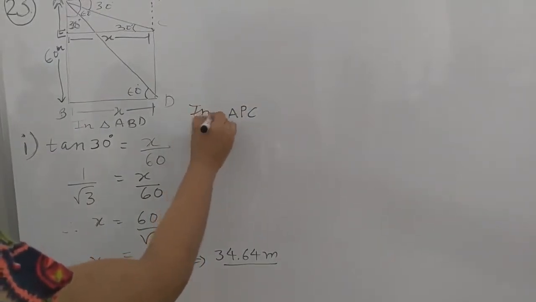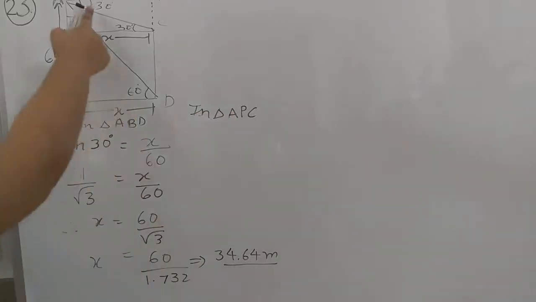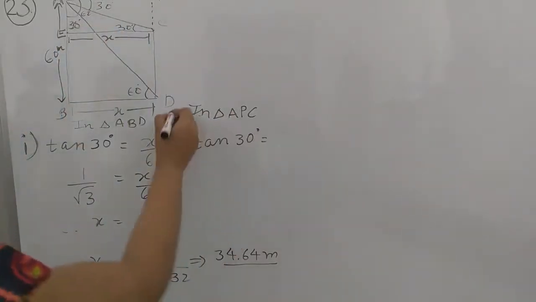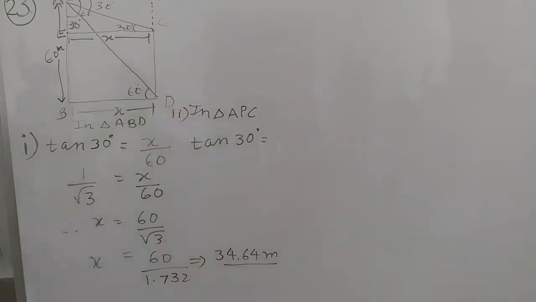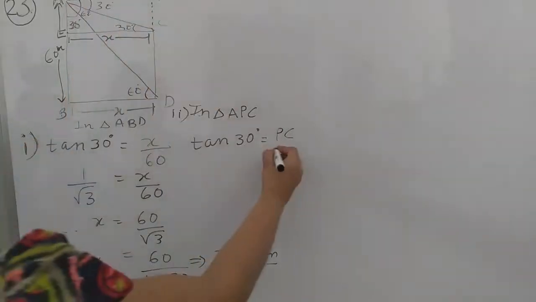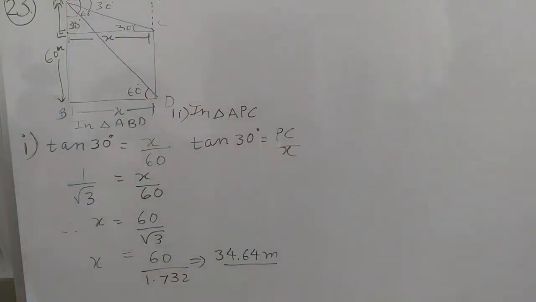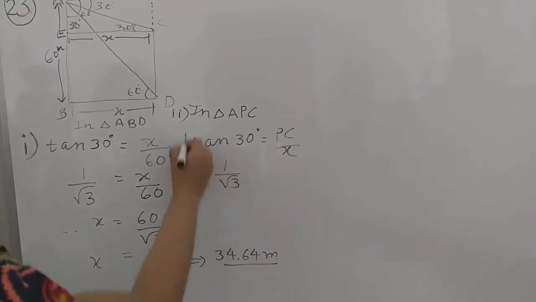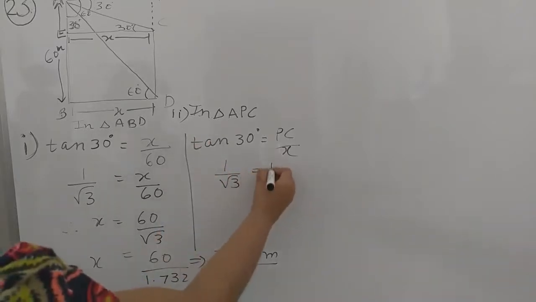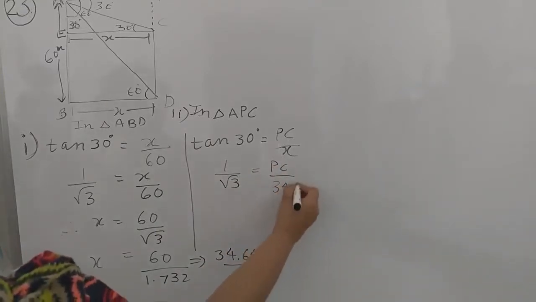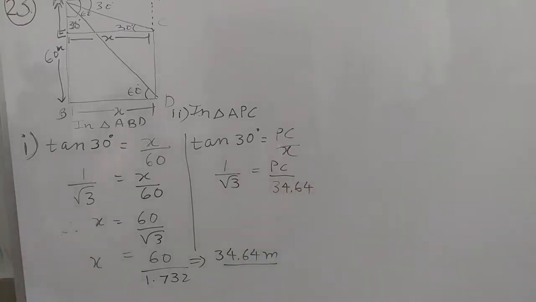Here the angle is 30, so if I take tan 30, we get PC, that is opposite to it, and the adjacent is x. The x value we already found. Now I place the value, that is 1 by root 3 is equal to PC, and x is already found here, 34.64, which I substitute.